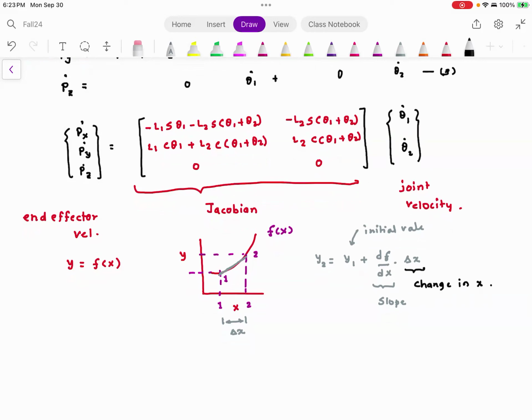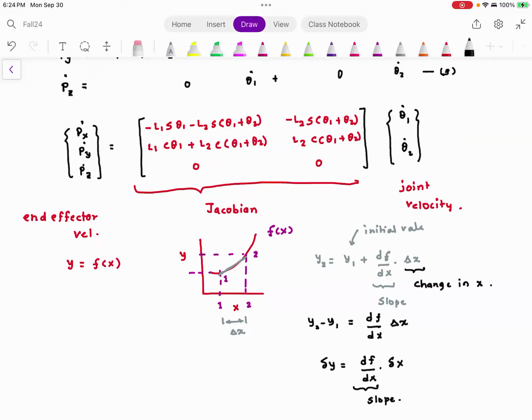So next, I'm saying y2 minus y1 is equal to df by dx multiplied by delta x. In other words, delta y is equal to df by dx multiplied by delta x. So this is the slope, or the derivative of the function, multiplied by the x difference, which gives you the y difference.